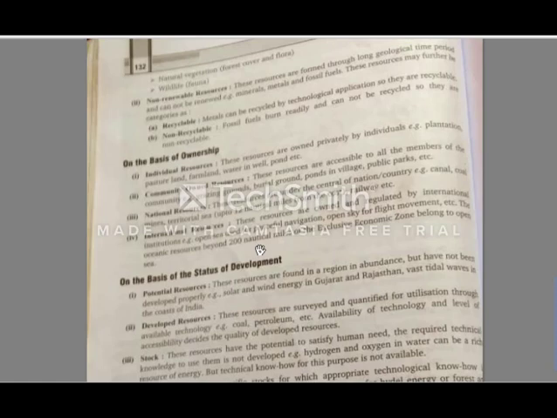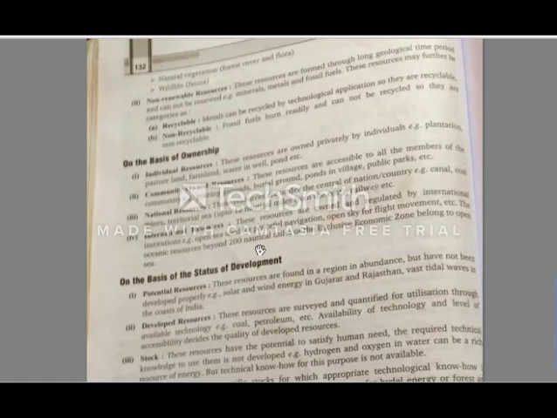In the sea, you can move from one place to another with the help of a boat or ship, and in the sky, with the help of an aeroplane.